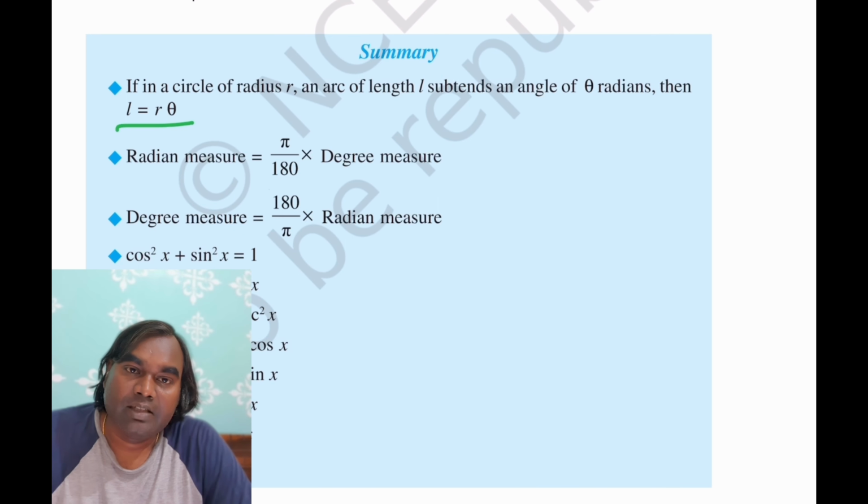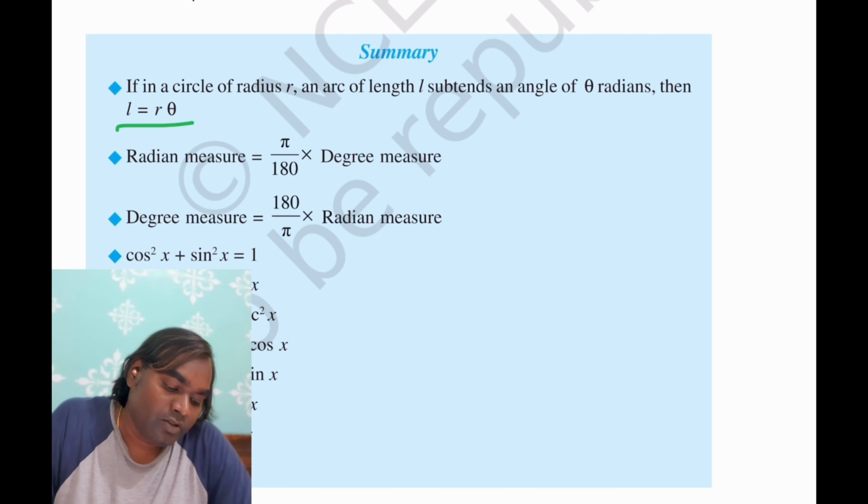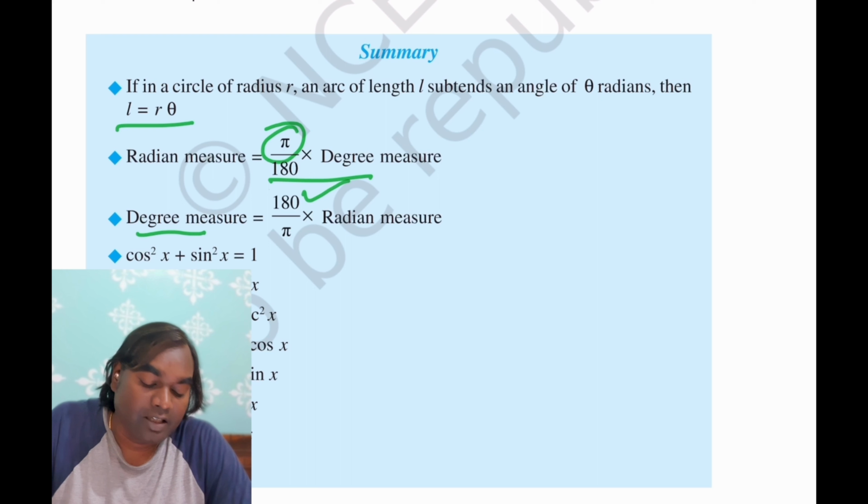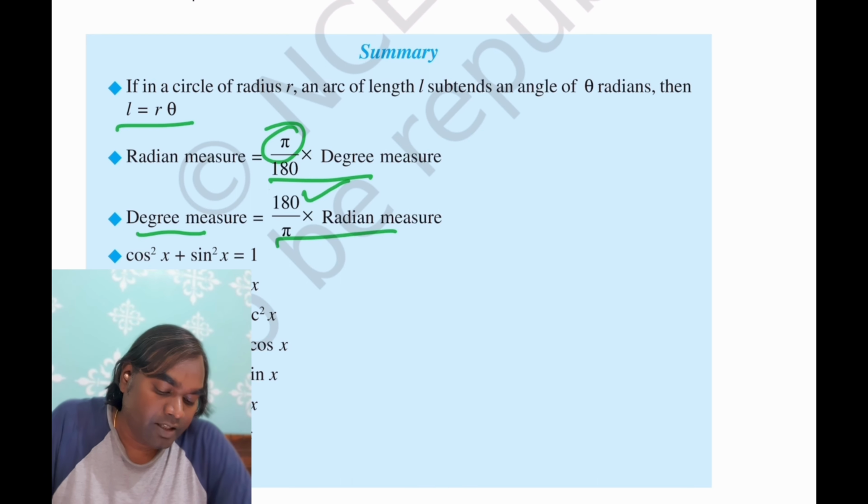Radian measure is given by pi by 180 into degree measure. So I always reminded you that if you want to get radians, write pi in the numerator. Similarly, when you want to measure in degrees, write 180 degree in the numerator.